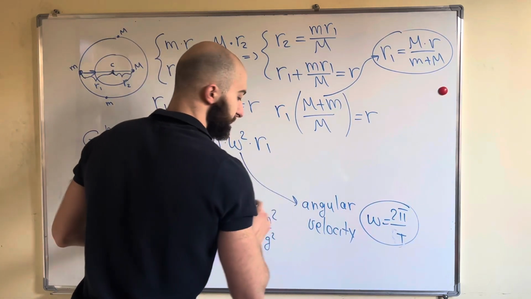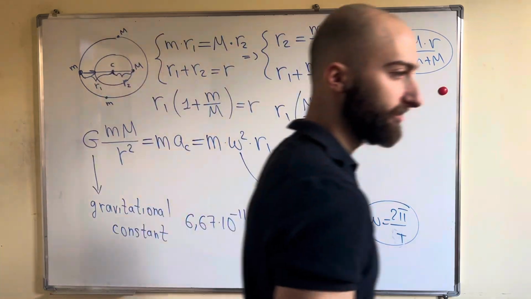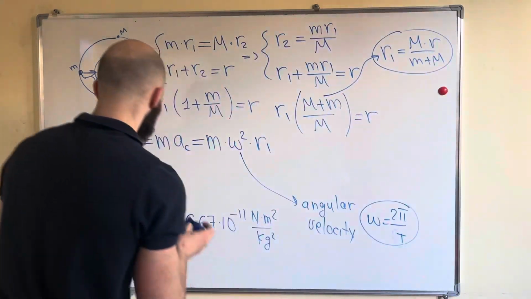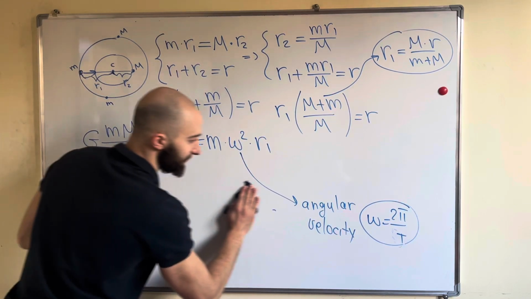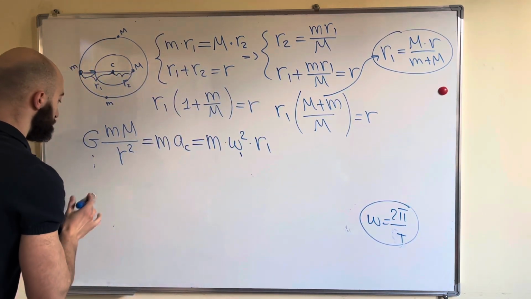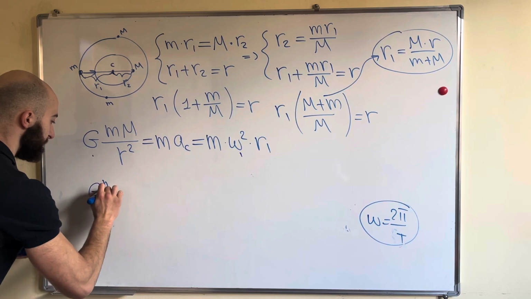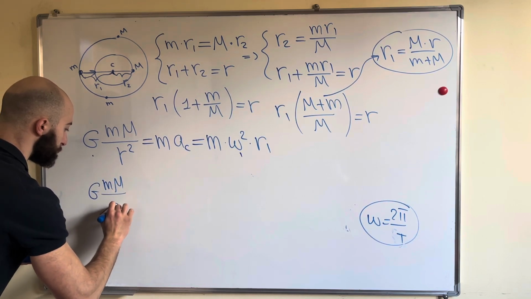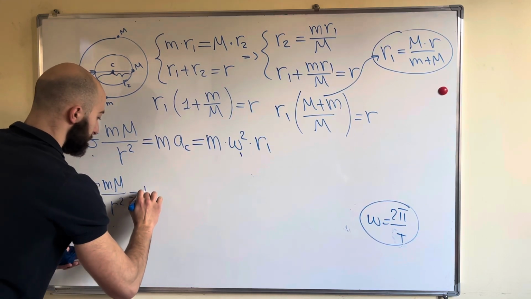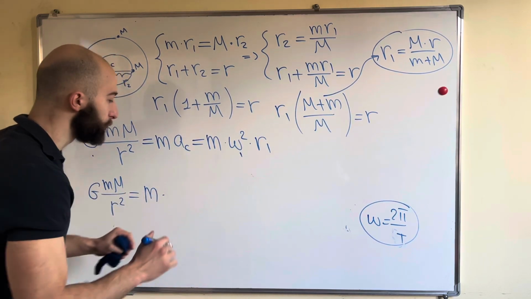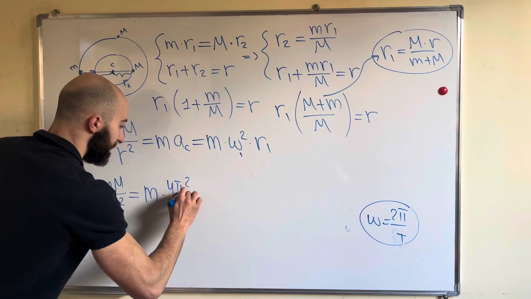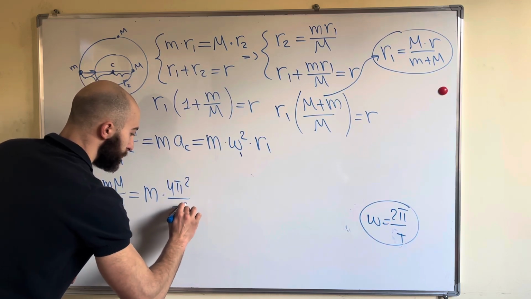So let's simplify this. We get that G m M divided by R squared will be the mass times omega squared times R1. Omega squared will be 4 pi squared over period squared.